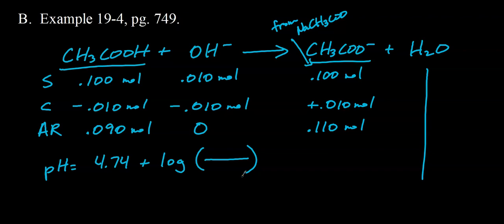Except, one is that the volume of the solution is 1 liter, so those moles are also molarities. Secondly, since you're dividing them here, in the same solution, those volumes are going to cancel. So you can just put moles there as well. So I'm going to put molarity just so you're not extra confused.